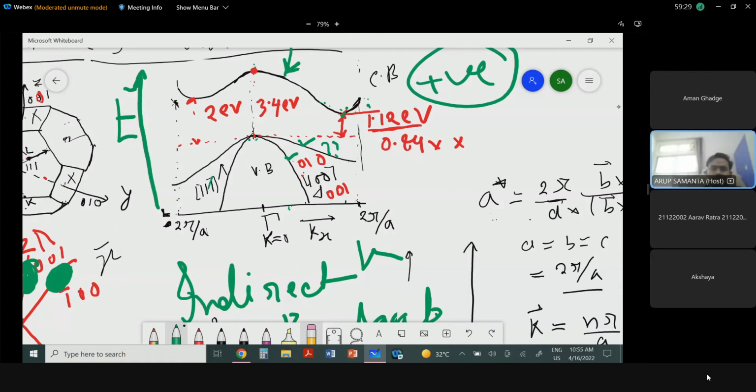So this slope is the smaller slope. This is the high slope. So 1 over this is your effective mass. So this is for the light hole and this one for the heavy hole.